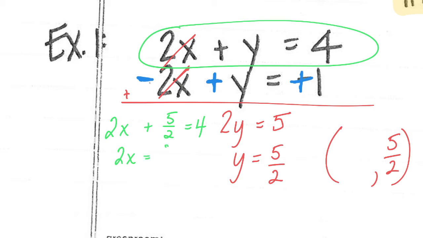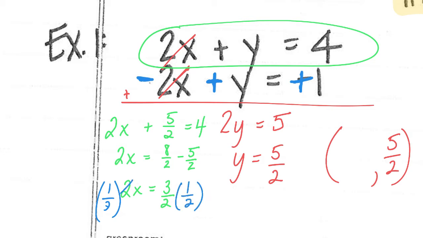So 4 is 8 over 2, and if I'm subtracting 5 over 2, it looks like 2x is equal to 3 over 2. I got to get rid of the 2. Well, I know when I divide, it's the same thing as multiplying through by 1/2. That was a 2. So x is equal to 3 over 4. Don't be alarmed if you get really funny numbers.